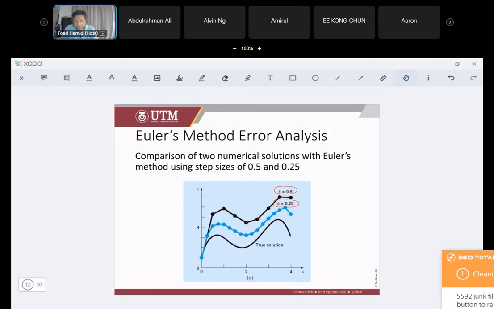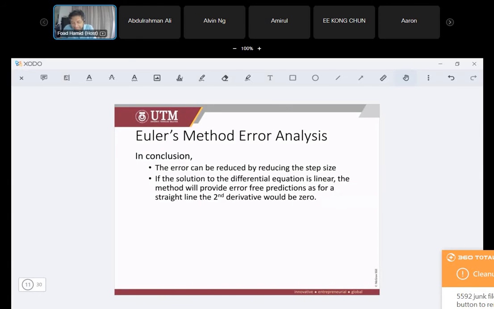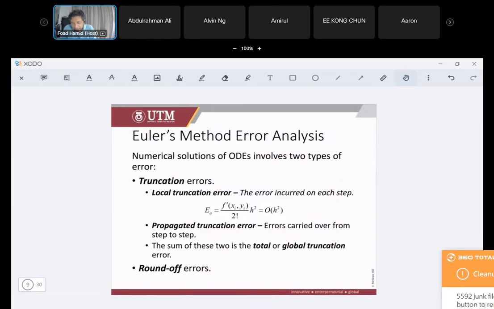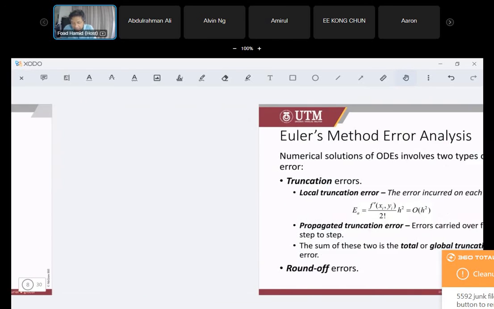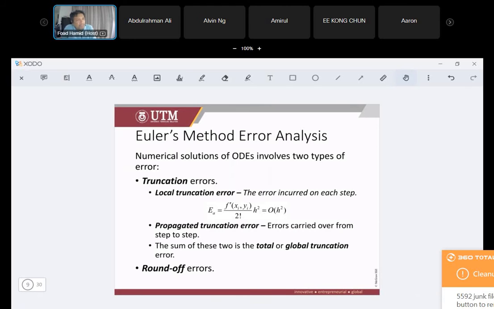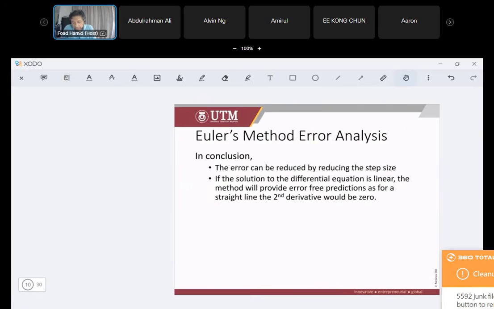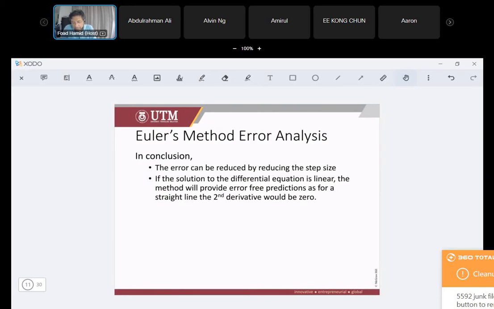So you can see that by reducing our h, we improve our approximation. That's the idea. I think I'm going to skip this, but it is in my video. You can watch the video, I think I explained about this. So this is Euler's method.